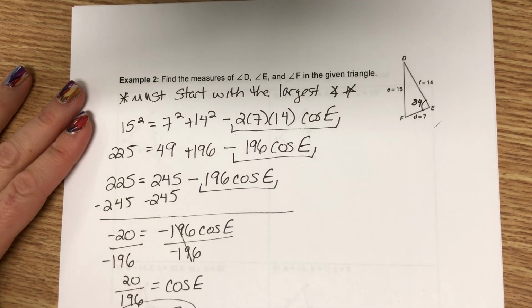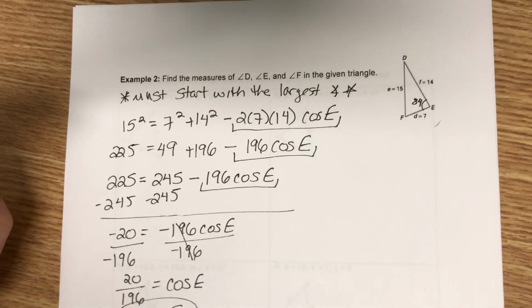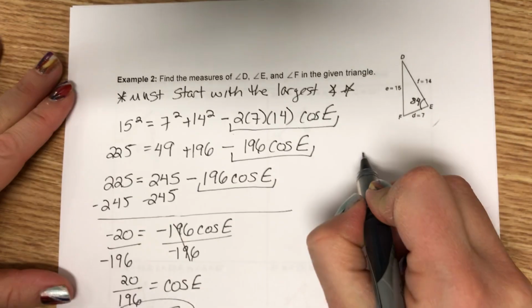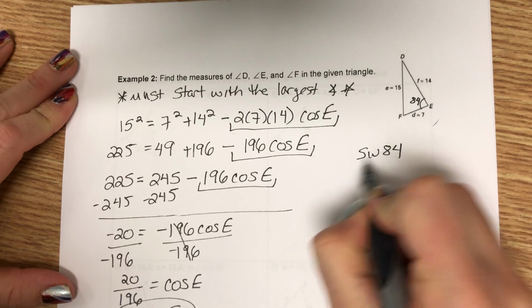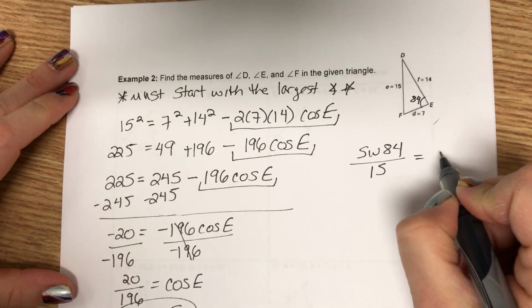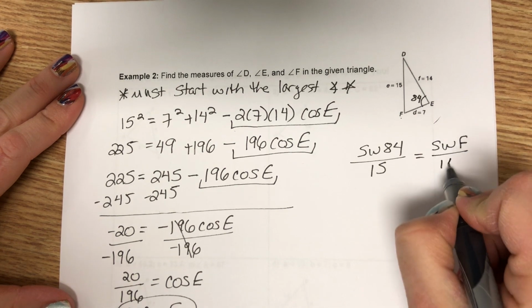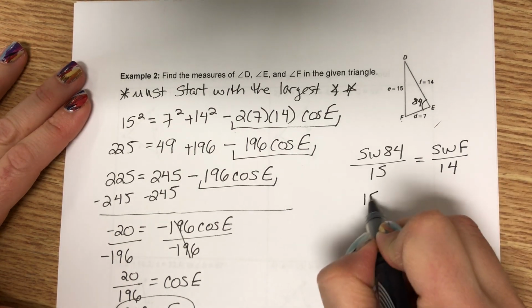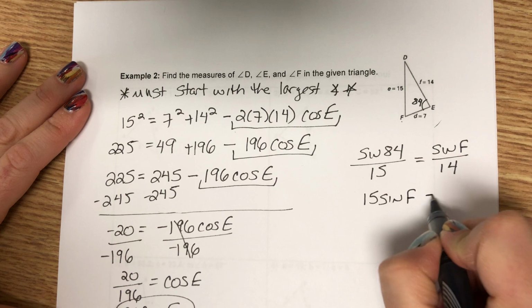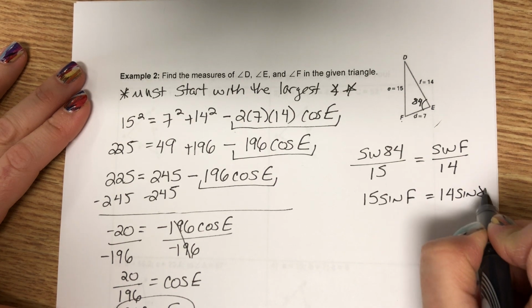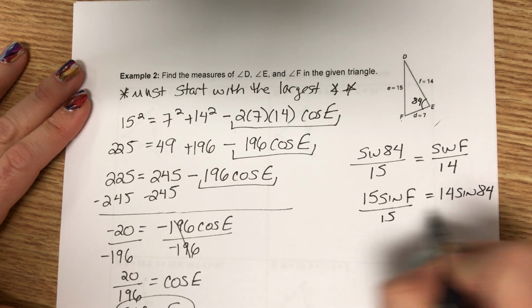Now that we have that, you can do law of sines if you really like it to find the other angles. So we can say sine of 84 over 15 equals, let's do F, sine of F over 14. Cross multiply, divide.